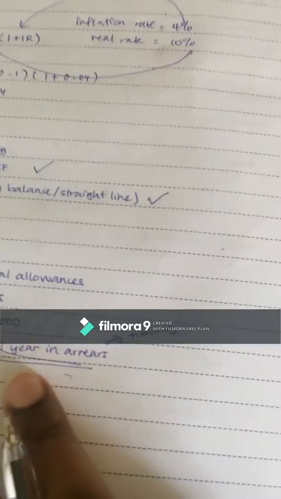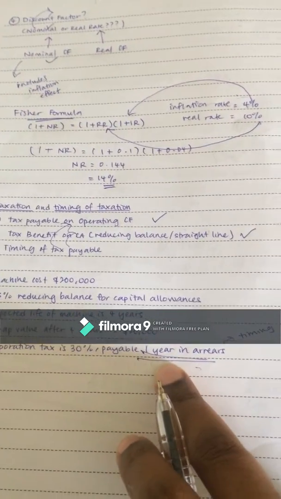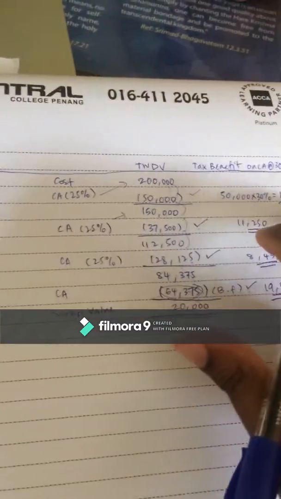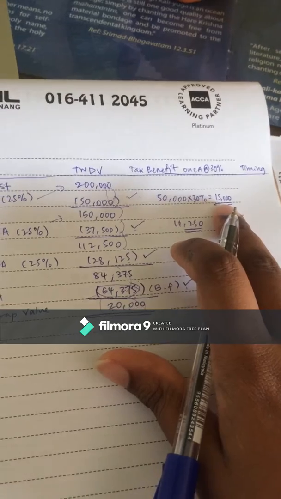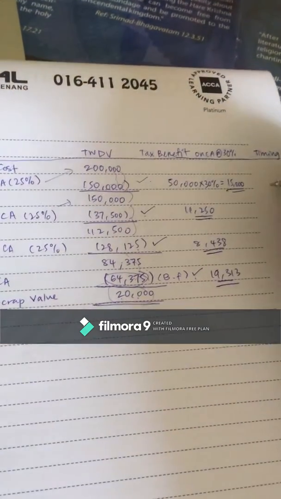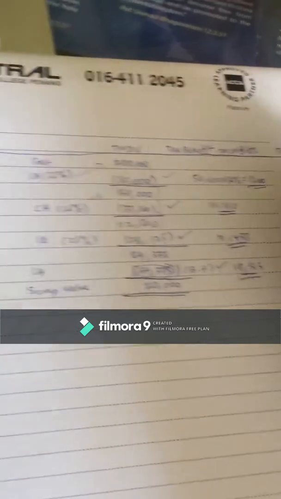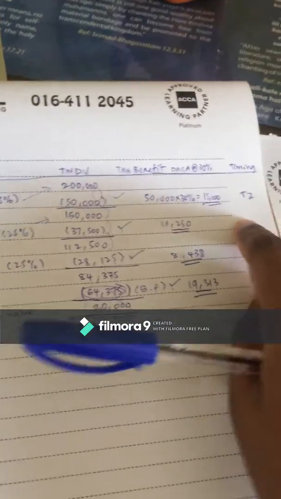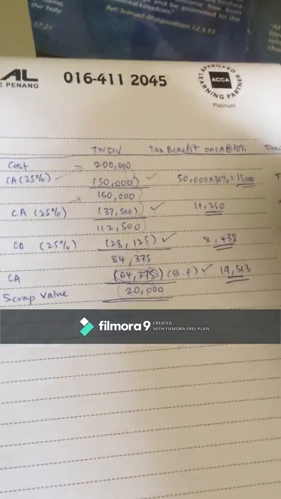Okay, remember it says payable 1 year in arrears. It means 1 year later. So for T1, the tax benefit is 15,000. What is the timing for it? 1 year later. So 1 year later of T1 is T2. For T2, 1 year later, you get the tax benefit in T3.